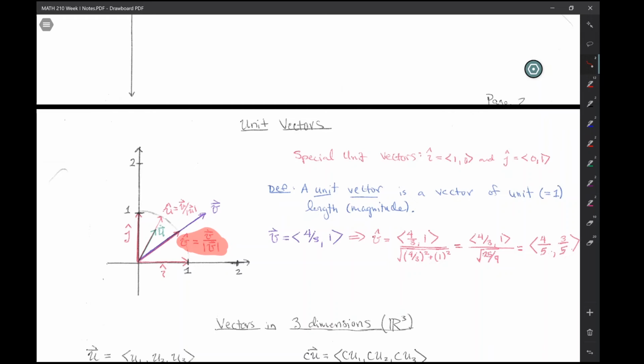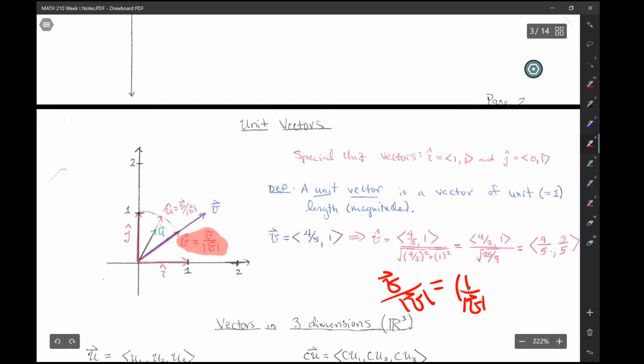You could view v divided by its magnitude as actually multiplying the constant or scalar 1 over the magnitude of v times v. So that's the operation that we're doing. This will result in a vector of length 1.